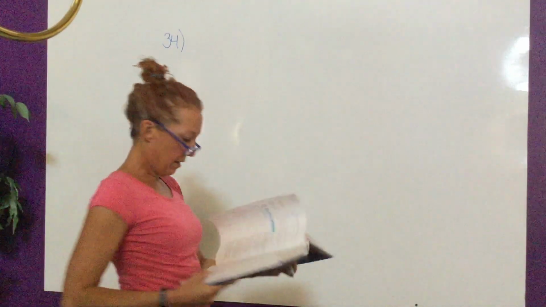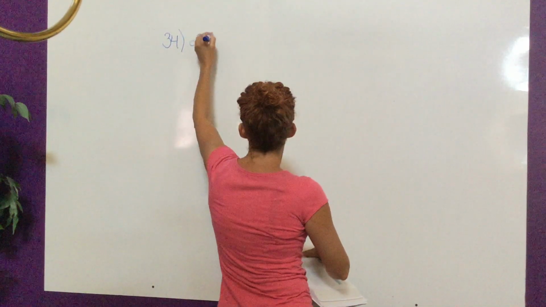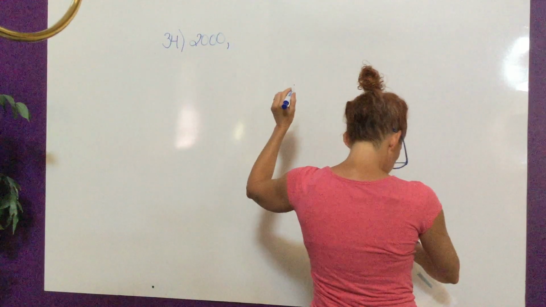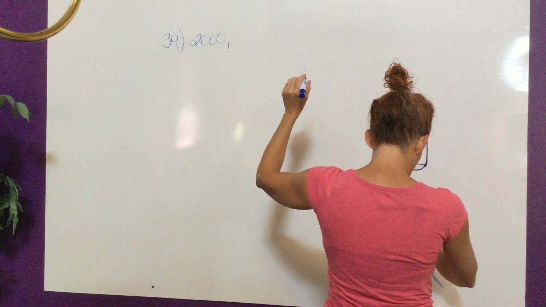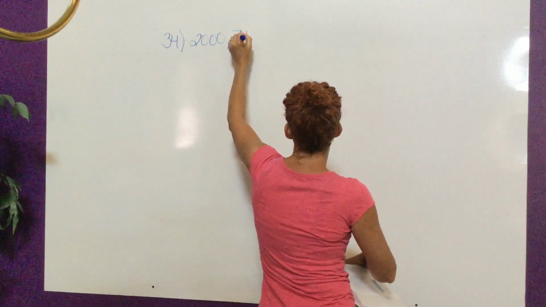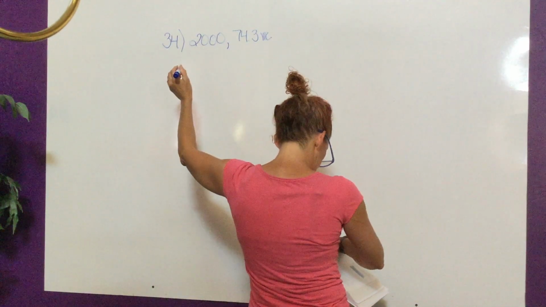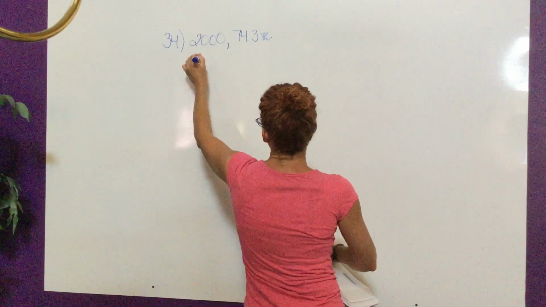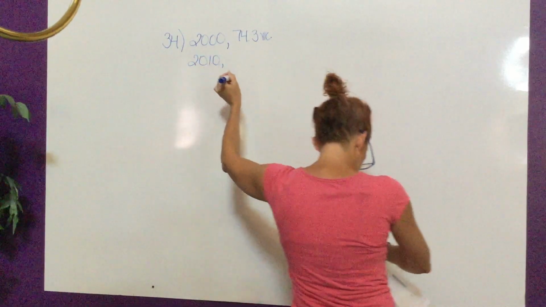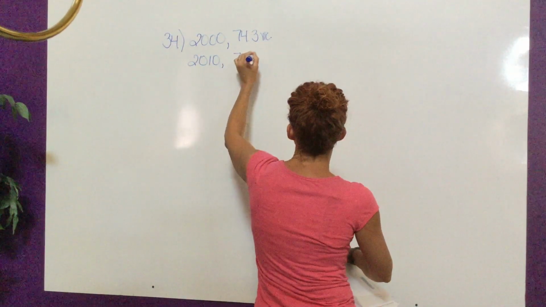It says here, in the year 2000, the life expectancy of males born in the United States was 74.3. And later in 2010, the life expectancy was 76.2.